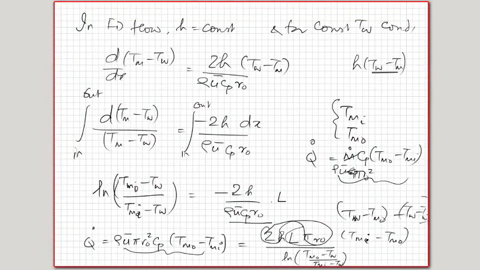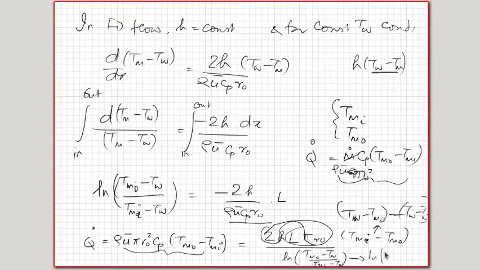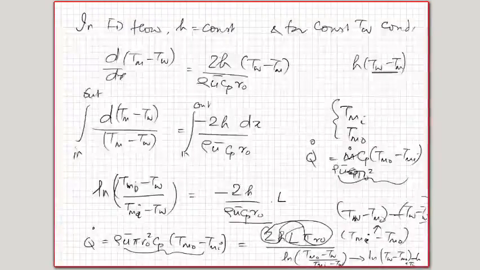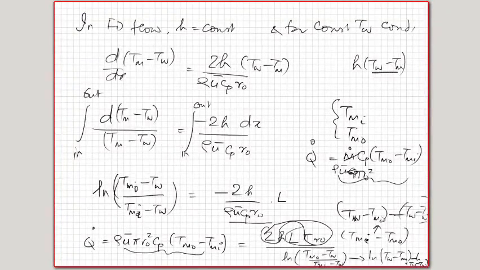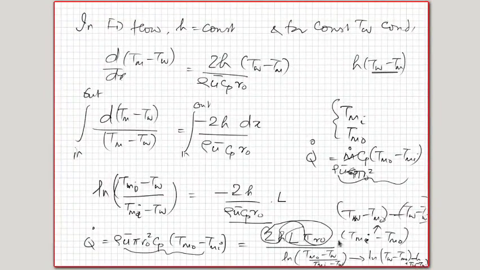So basically I've added and subtracted T wall. This can be written as log of T wall minus Tmo minus log of T wall minus Tmi. So it becomes T wall minus Tmo minus T wall minus Tmi divided by log of T wall minus Tmo minus log of T wall minus Tmi. So this becomes a certain log mean temperature difference.